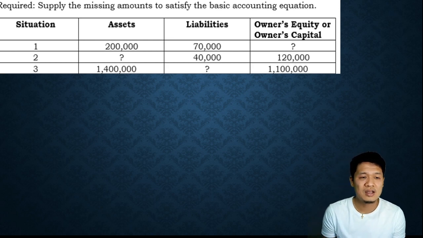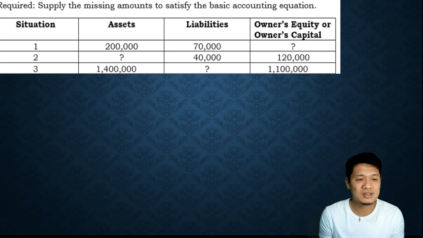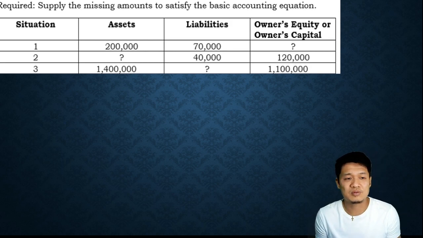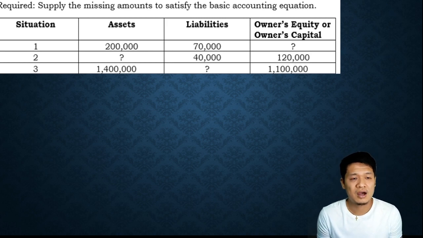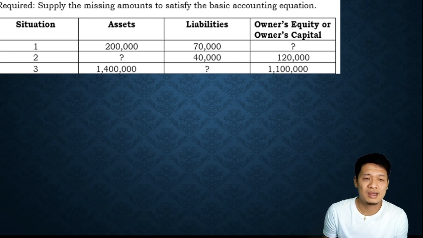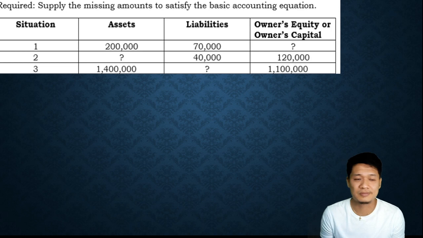So we have here a scenario for number 1. Sabi niya, supply the missing amounts to satisfy the basic accounting equation. For number 1, we have asset as given, 200,000. We also have the liability, 70,000, and owner's equity is missing.